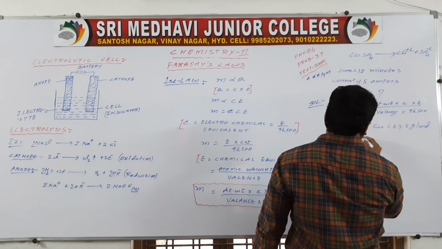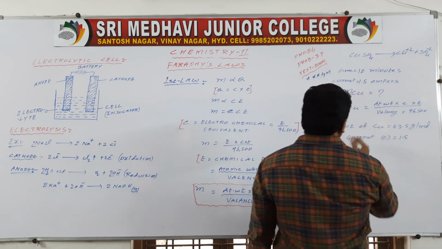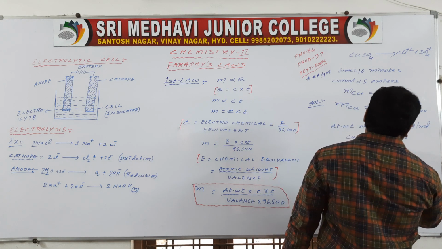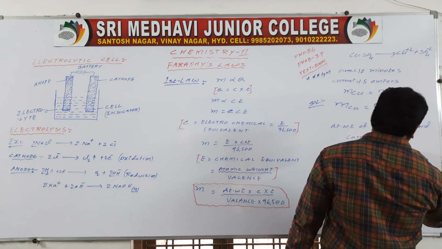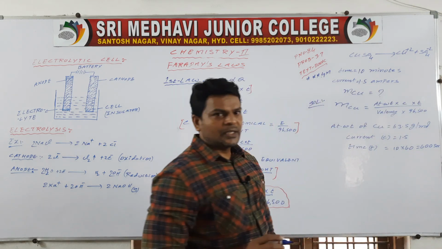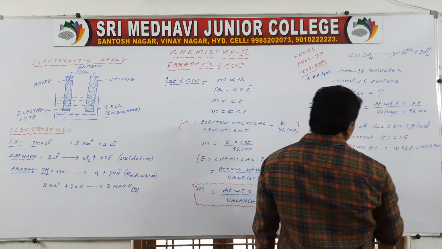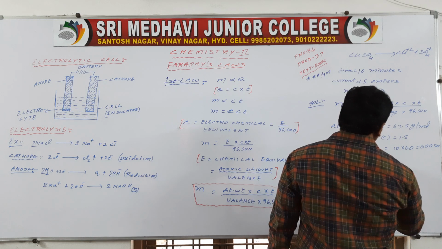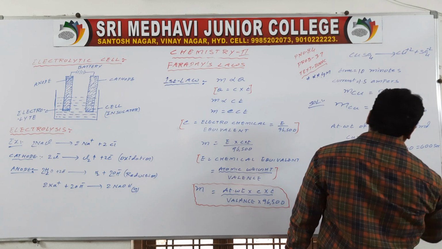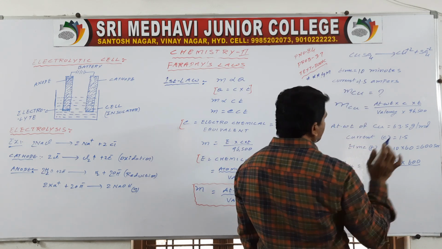The current C is 1.5 amperes. The time T is 10 minutes, 10 into 60 is 600 seconds. Then the mass of copper deposited is 63.5 into 1.5 into 600 by valency.